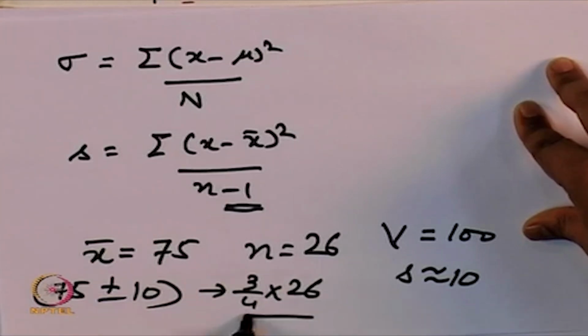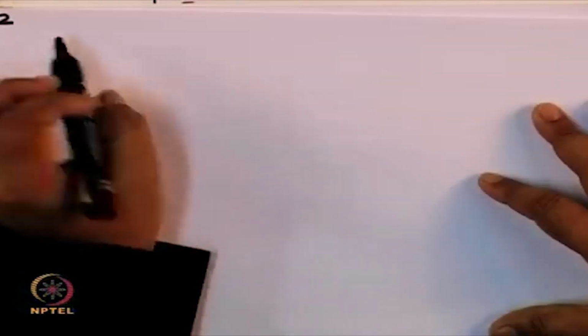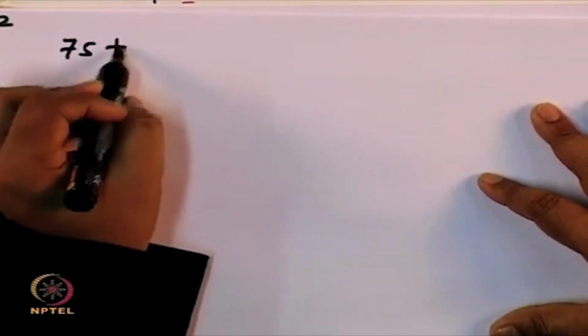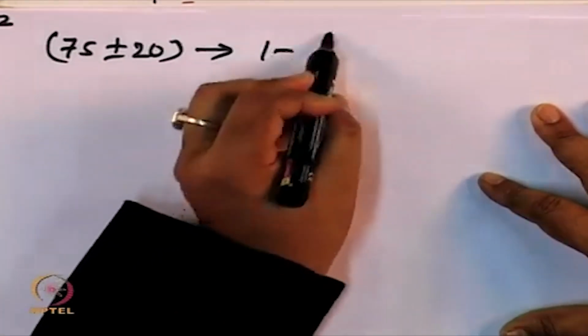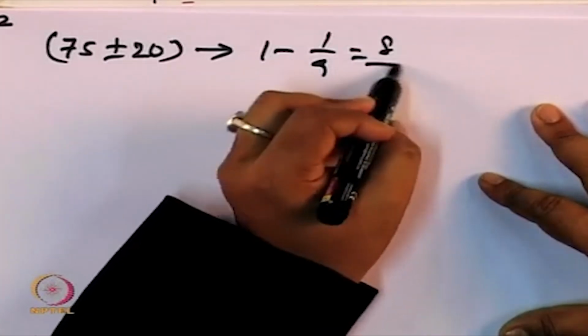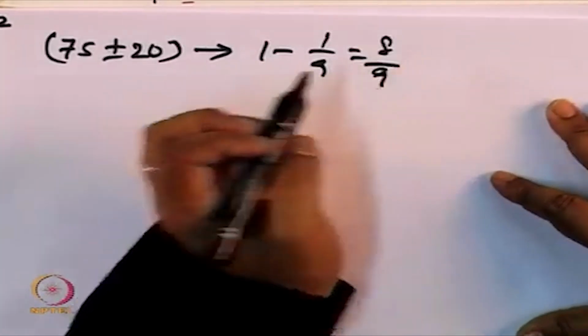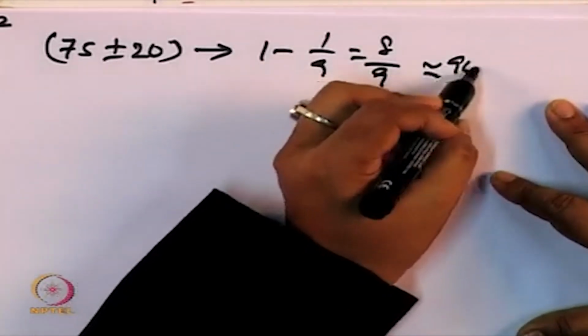So, 3/4 of the variables will actually lie within this range, which is 65 to 85. Similarly, I can do the same thing for 2 standard deviations, and so 75 plus minus 20 in this case will contain 1 minus 1 by 9, that is 8 by 9 fraction of the population. 8 by 9 is roughly 90% of the population.